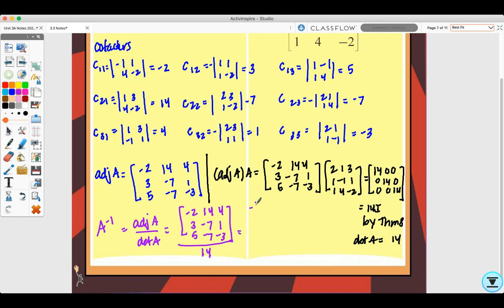So I'd have -1/7, 1, 2/7, 3/14, -1/2, 1/14, 5/14, -1/2, and -3/14. And that would be A inverse.